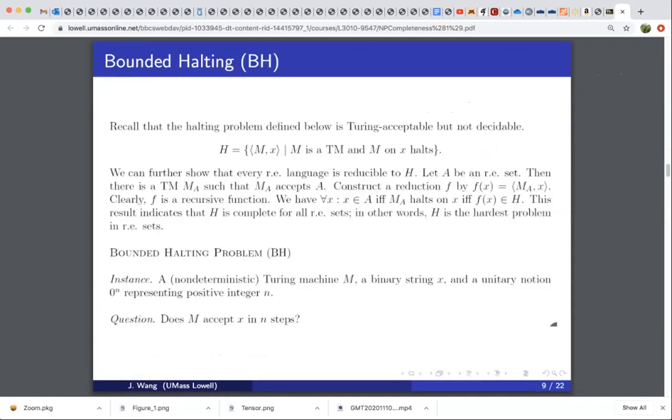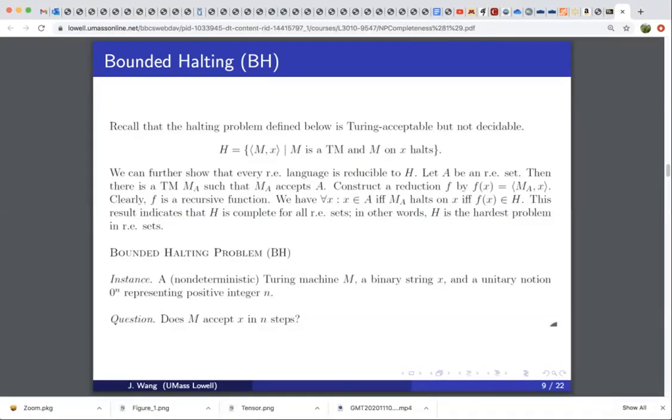So now let's try to come up with the first set of problems that are NP-complete. The slides I include here are not in the textbook. In other words, I will offer a new roadmap, a new route to show the first several problems to be NP-complete.